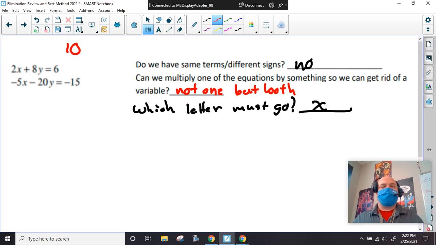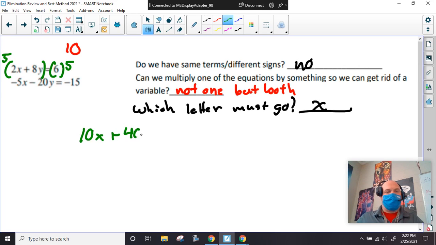So how are we going to make this top? What are we going to have to multiply this 2x by to make it be 10x? 5. So we got to multiply everything by 5.